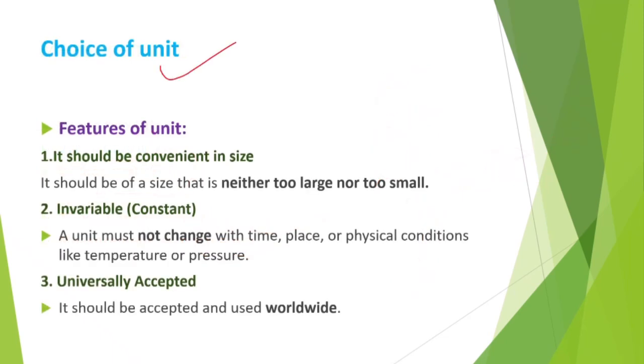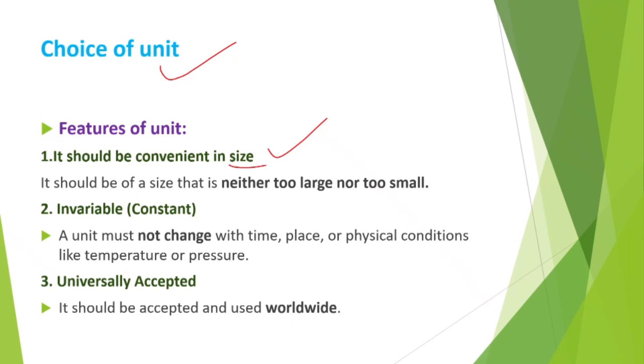Next, choice of unit. Very important. It means selecting the right unit to measure something depending on its size, quantity, and situations. Because using the correct unit helps us to give accurate results and avoid any kind of confusion. Understand? Let us understand by an example. I will say to you, bring 2000 grams of apples for me.